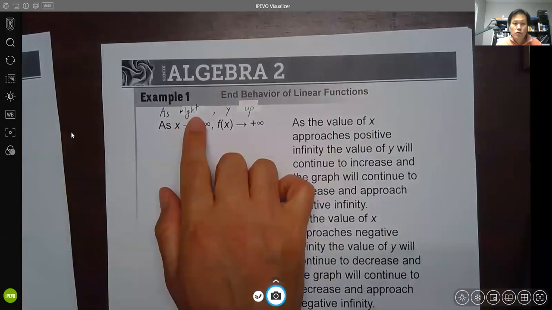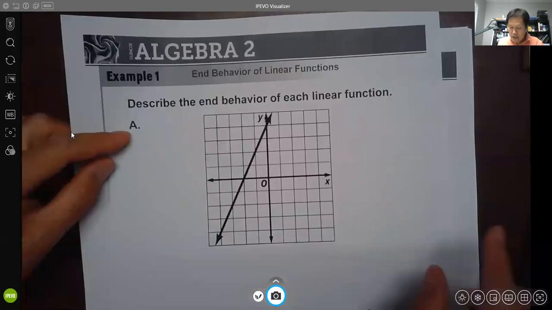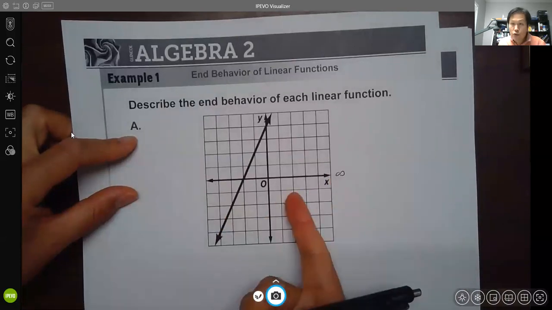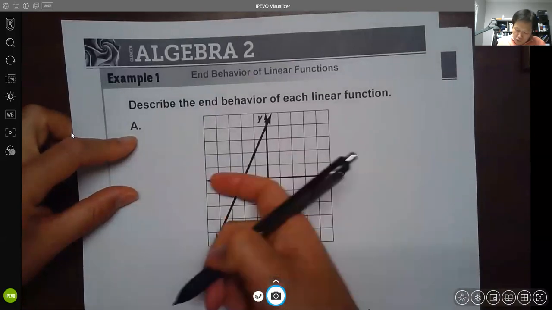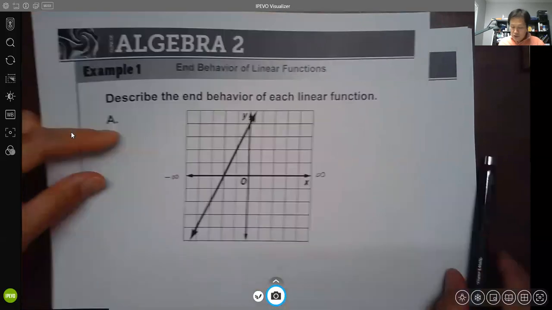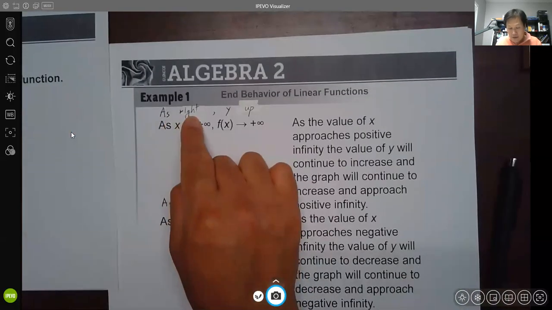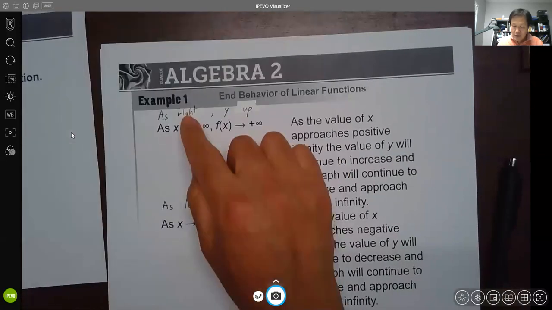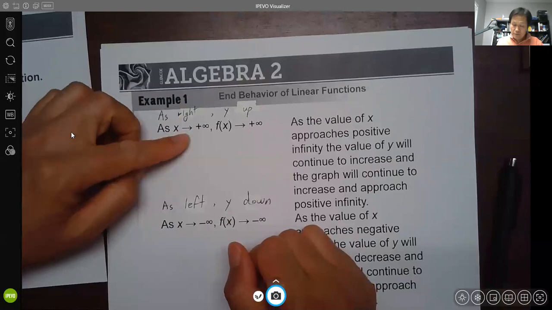So as you go to the right, the fancy way of saying that is, on the x-axis, going to the right means going toward infinity. Going to the left on the x-axis means going to minus infinity. So as you go to the right, that means x approaches infinity.